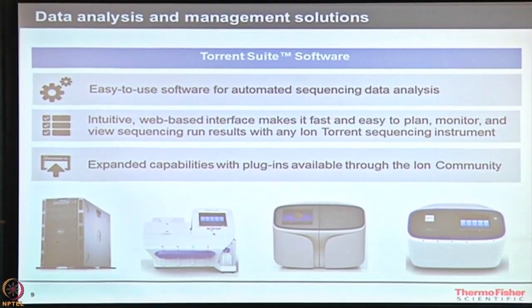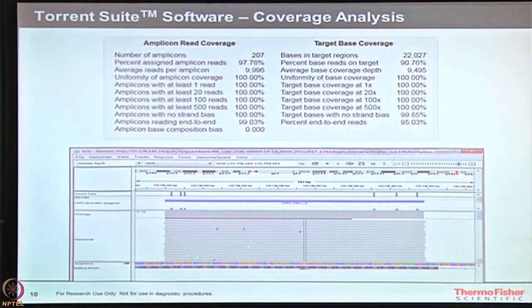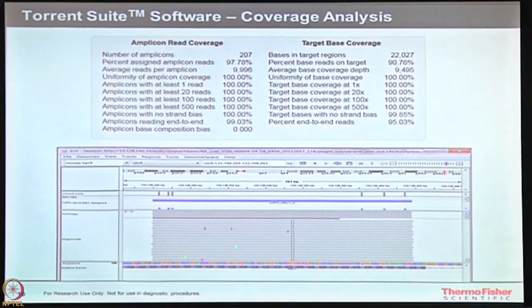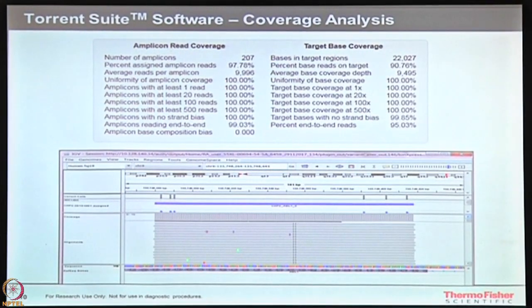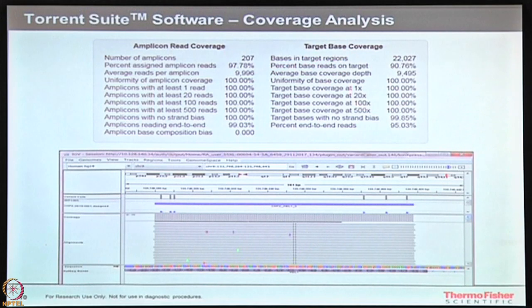So how can I do that? I have a plugin called coverage analysis, okay? This coverage analysis helps you know how many reads are actually mapping to a region. This is an example for a cancer hotspot panel, which has around 22,000 bases in the target region.